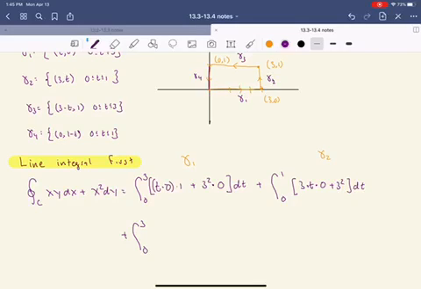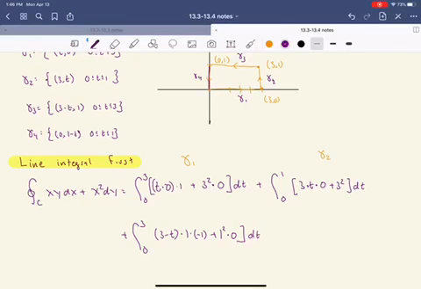Now x times y: x is 3 minus t, times 1, times negative 1 for the derivative of x with respect to t, plus 1 squared times 0 for the derivative of y with respect to t.